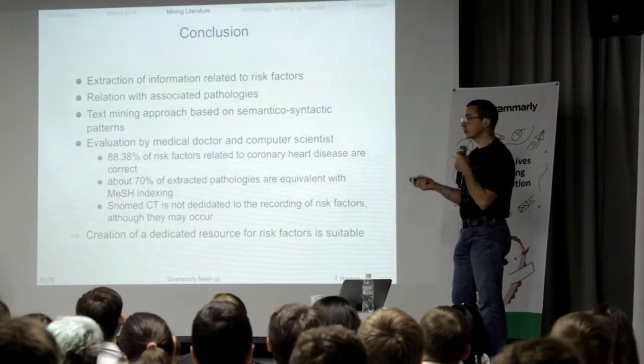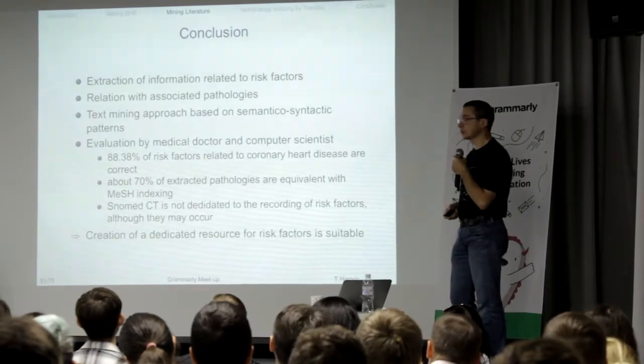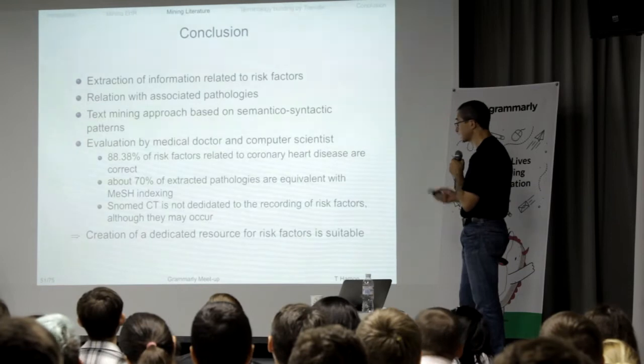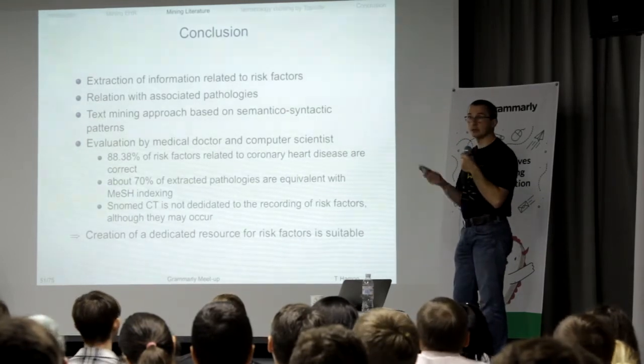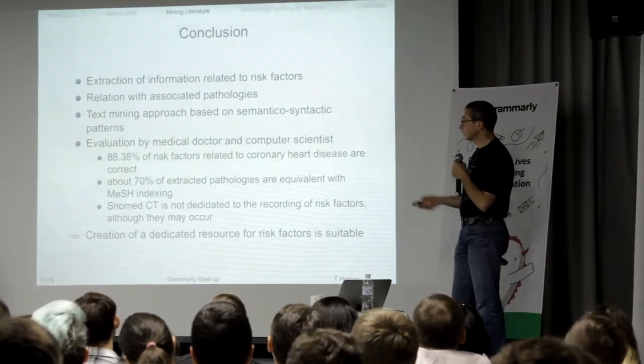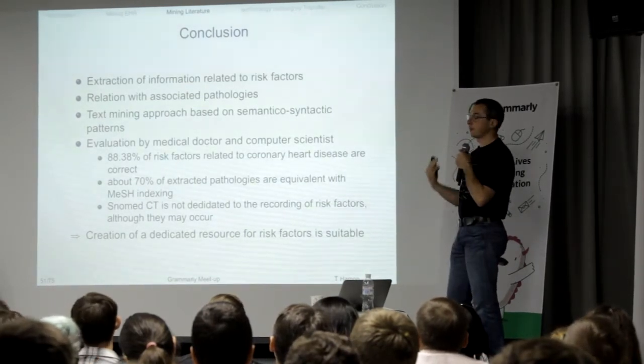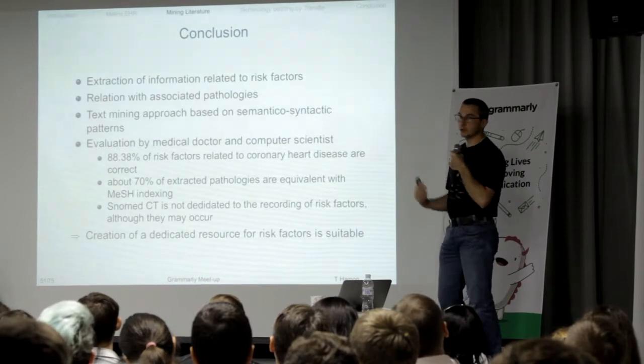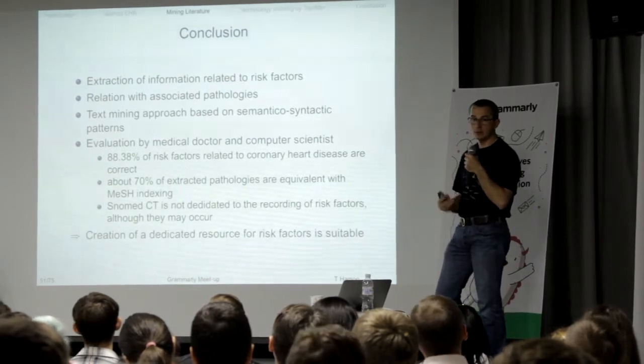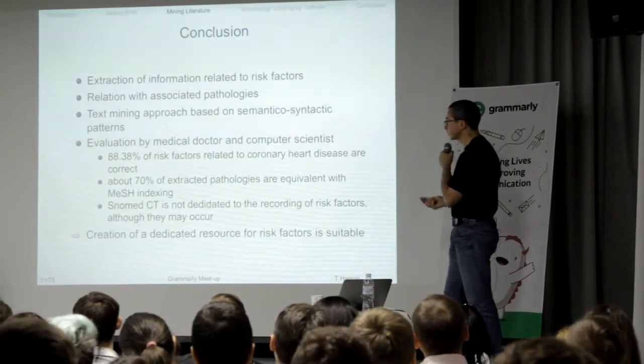We created a dedicated resource for risk factors. And such a method can be used to extract new information and also to improve some text mining systems by additional information coming from scientific literature.